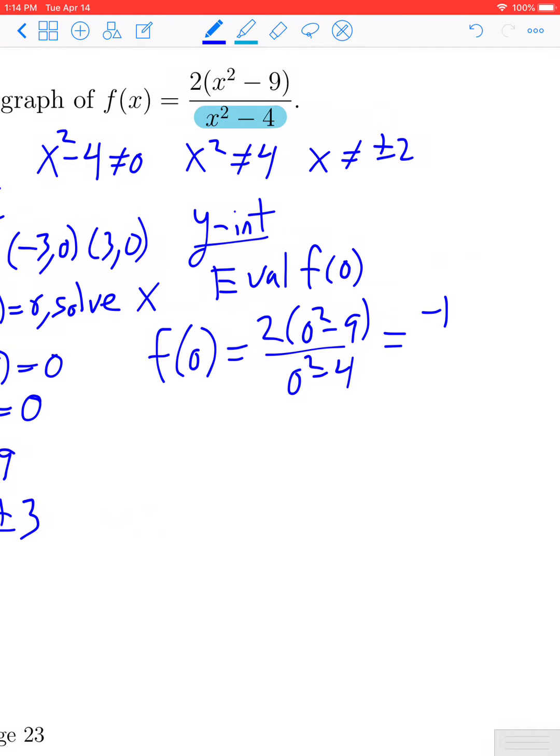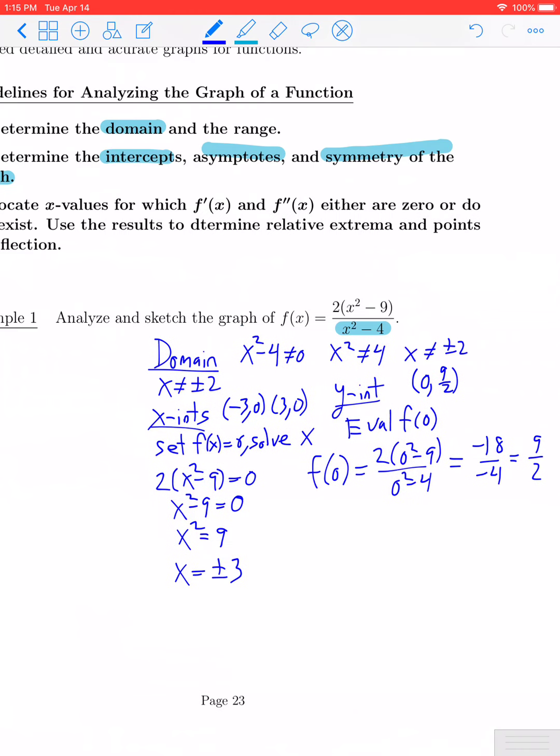This is going to be negative 18 over negative 4, which would be positive 9 halves, or 4.5. So when x is 0, the y-coordinate would be 9 halves. That gives us our intercepts.